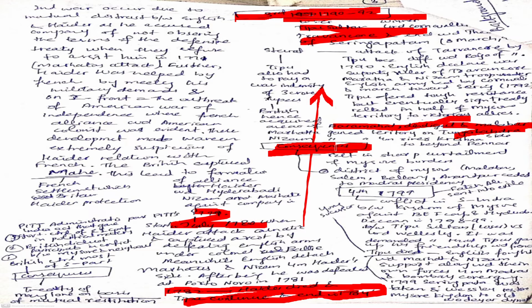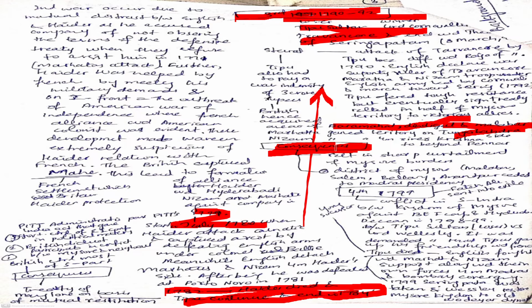Tipu Sultan, son of Hyder Ali, died. The English fought with Maratha and Nizam support, with armed forces from Madras and Bombay converging. So these are the consequences of the Anglo-Mysore War.